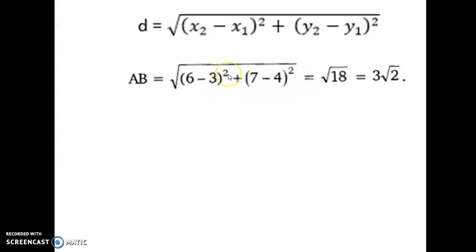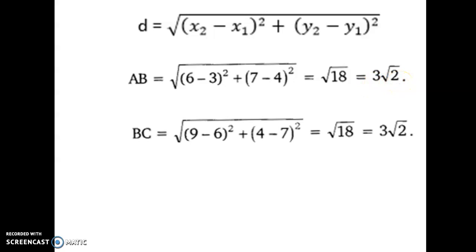So 3 square is 9 and again 3 square is 9. So 9 plus 9 is 18, so square root of 18. How can you write it? You can write it as 9 into 2. 9 is a square number, so when it comes out of the root, it will be 3. So 3 root 2 is the distance of AB.